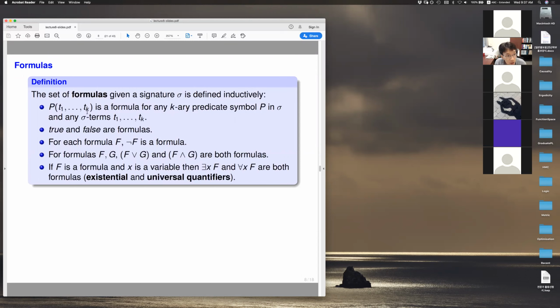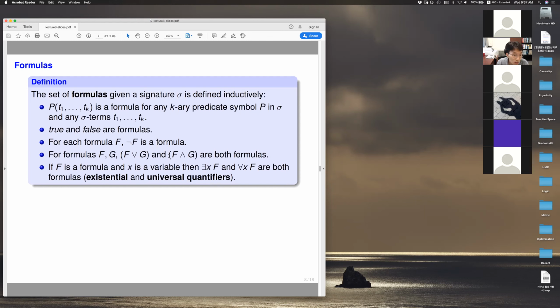This P should be in the signature, and we have to make sure that the arity requirement is met. True and false are formulas, and the others are a bit like what you learn in propositional logic. We have negation, conjunction, disjunction, and then existential and universal quantification.